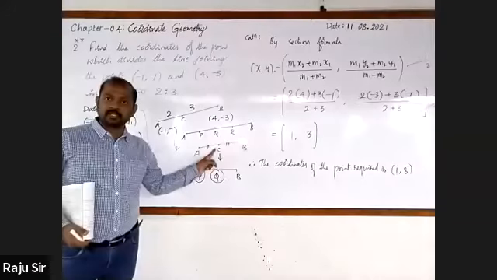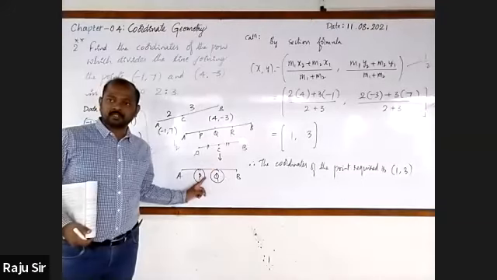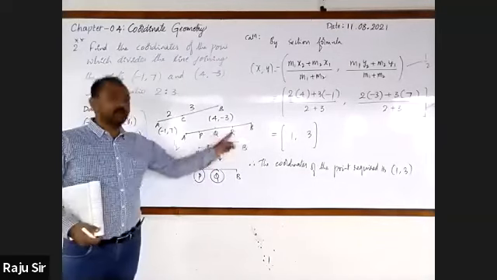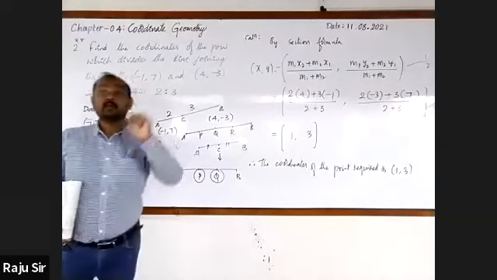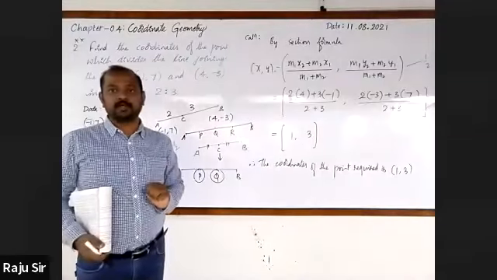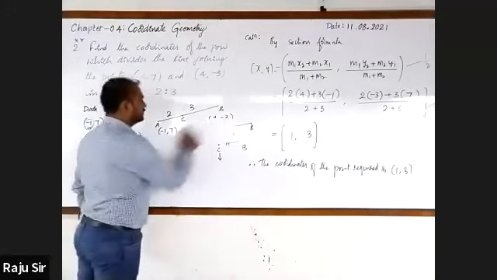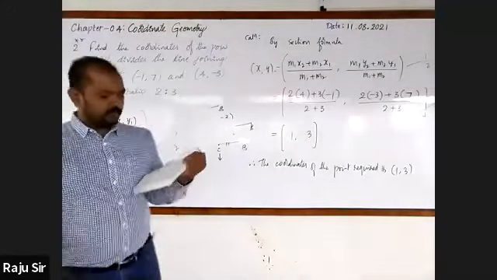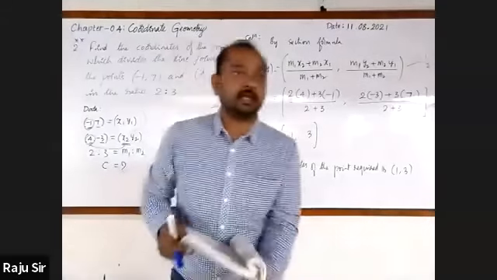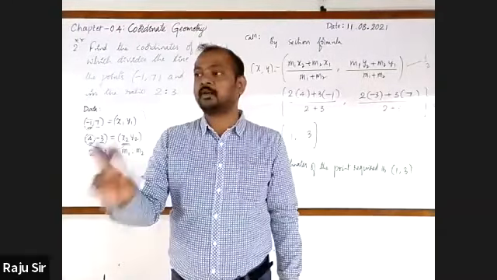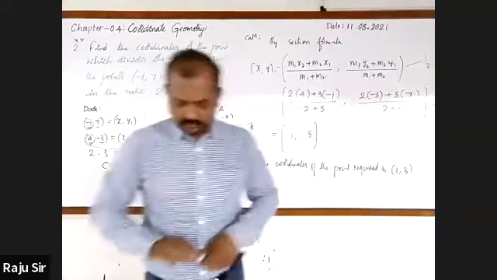Point of bisection, points of trisection, points of quadrisection, means dividing into four equal parts. So let me take one such problem regarding points of trisection. Many times it has been given either trisection or quadrisection.